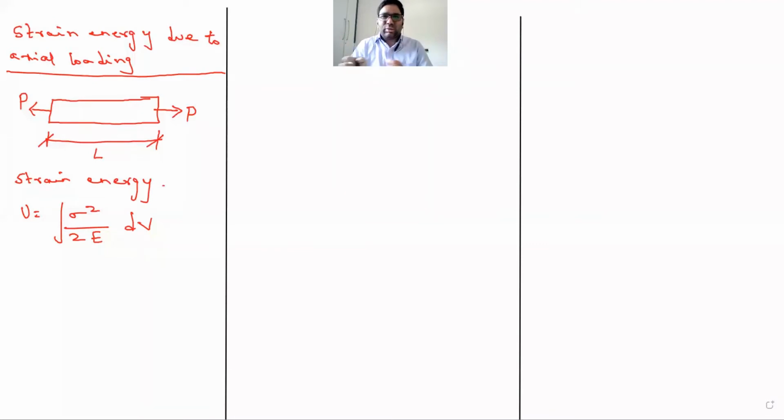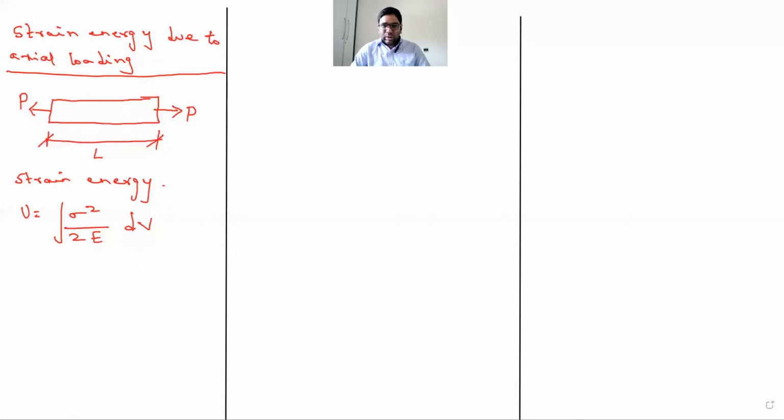Using those expressions, we got this specific value of sigma square by 2E into dV. So this is from strength of materials. Now we are going to use this expression to calculate strain energy due to axial loading in a member.